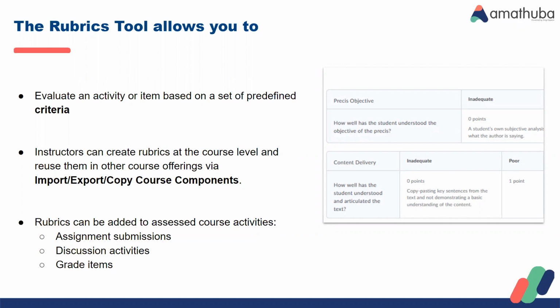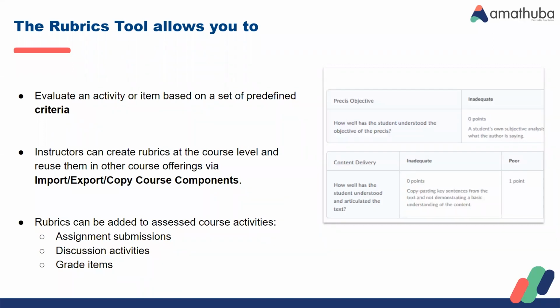You can do this by using the import, export, copy course component that exists in each of your courses. Sometimes people like to create a rubric and then reuse it, or use it as a template and slightly tweak it for another course. You can indeed do that by copying your rubrics across from one course to another.